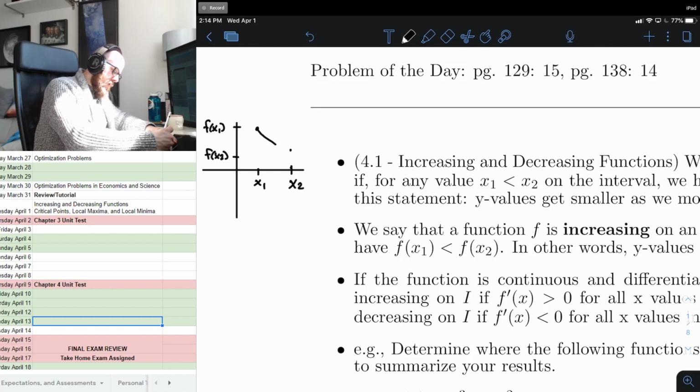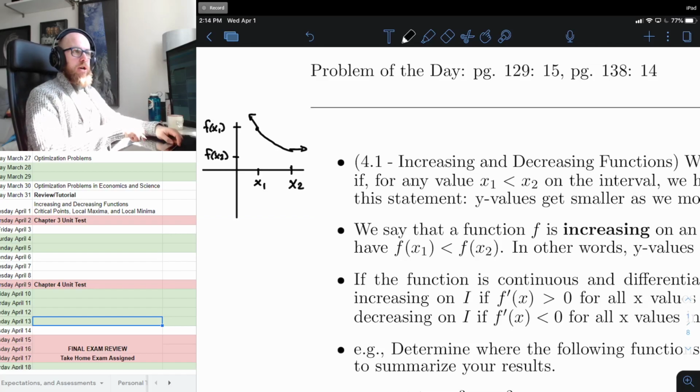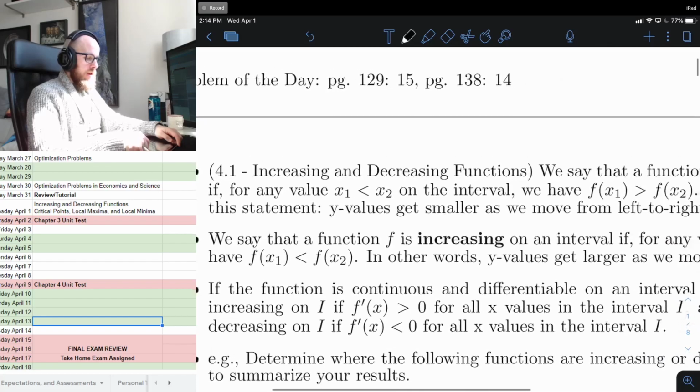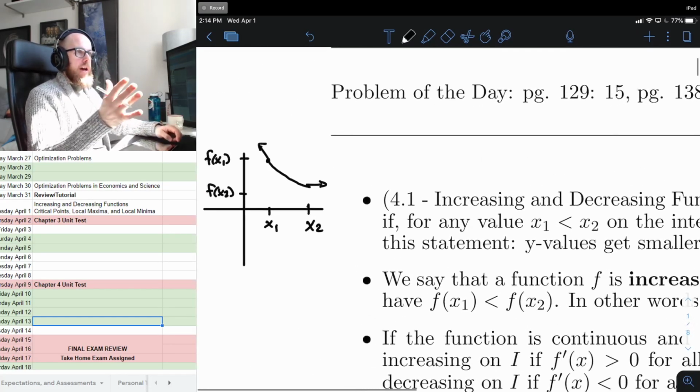So our function is doing something like this. Okay? And so it should be pretty clear that that function is decreasing, right? Really what that definition is saying is that the y values of the function are getting smaller as we move from left to right on our graph.